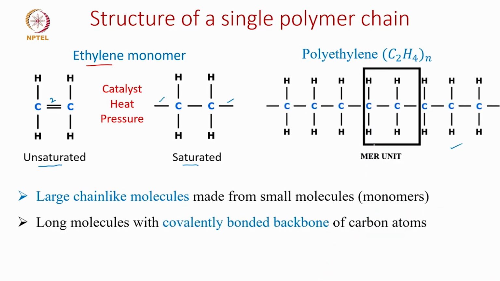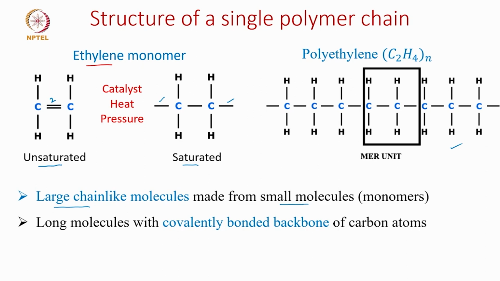So here we have seen a single mer unit, which is a single molecule of ethylene, but because they are now saturated, meaning they have two active bonds, they join together with other mer units and then form a long polymer chain. So polymers are large chain-like molecules made from small molecules called monomers.